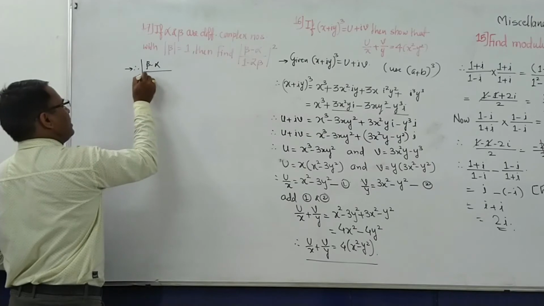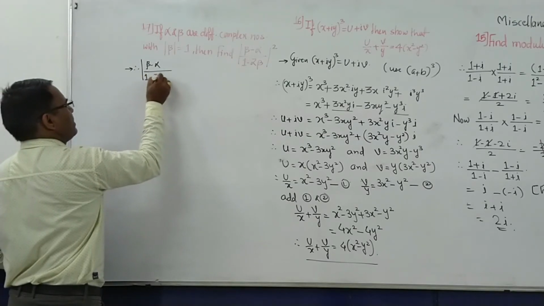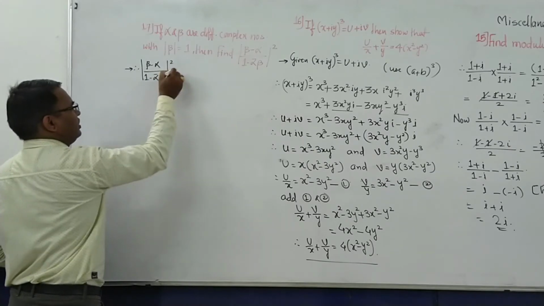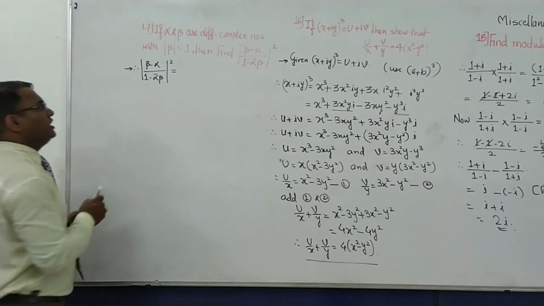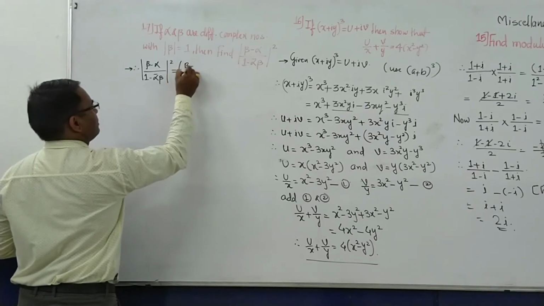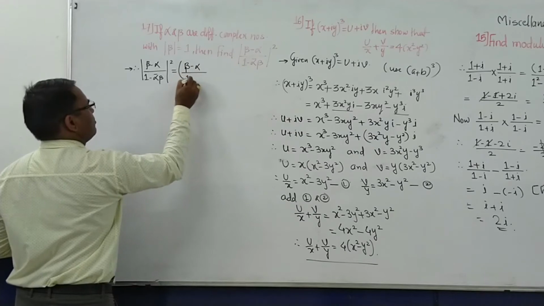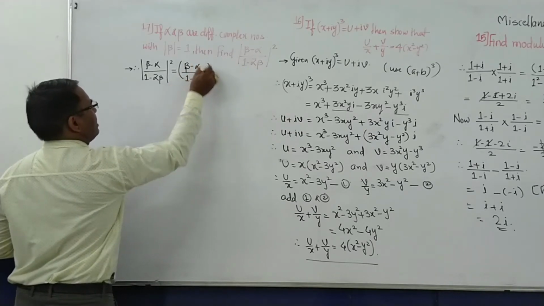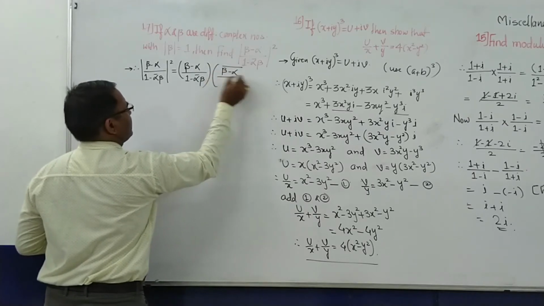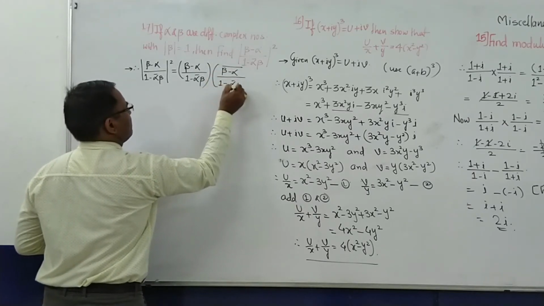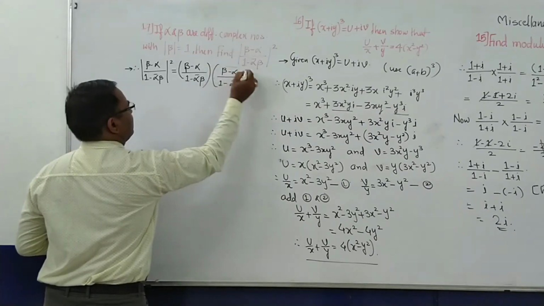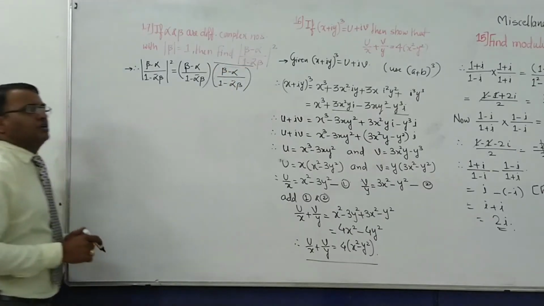Beta minus alpha upon 1 minus alpha bar beta, its square. How can we do it? This is equal to (beta minus alpha) upon (1 minus alpha bar beta), and then into again its complete bar: (beta minus alpha) bar upon (1 minus alpha bar beta) bar.